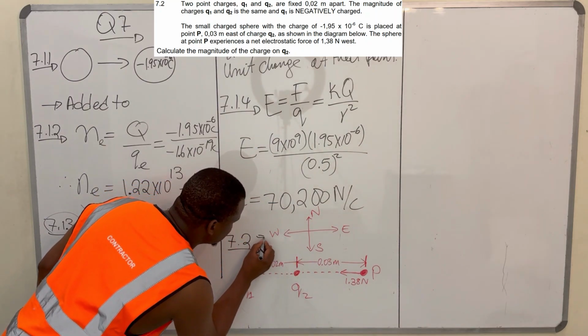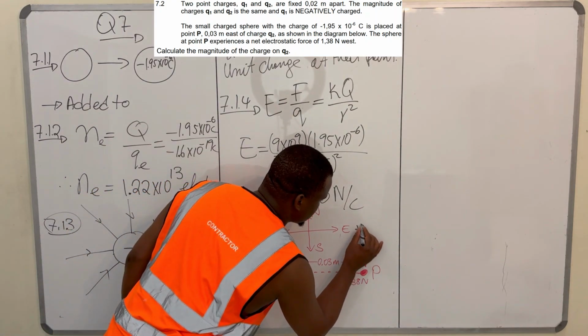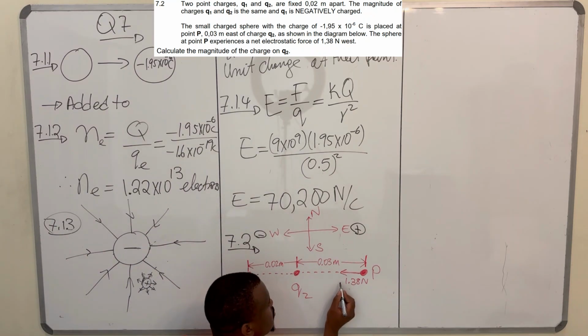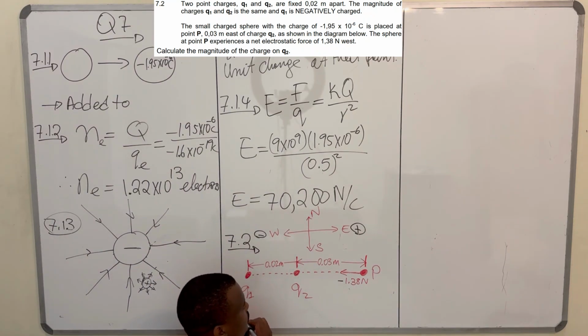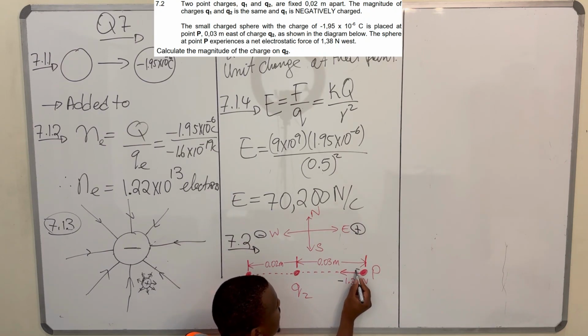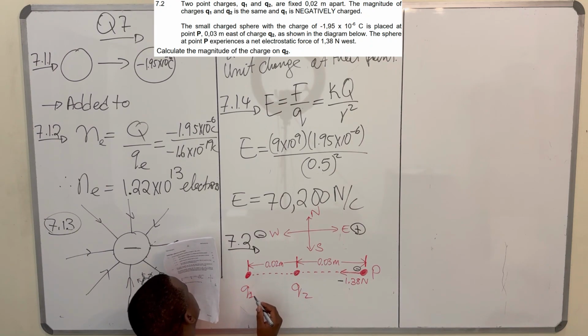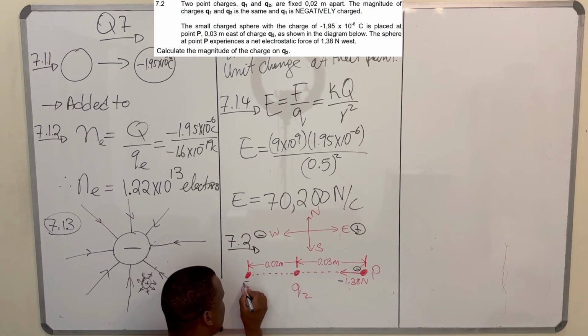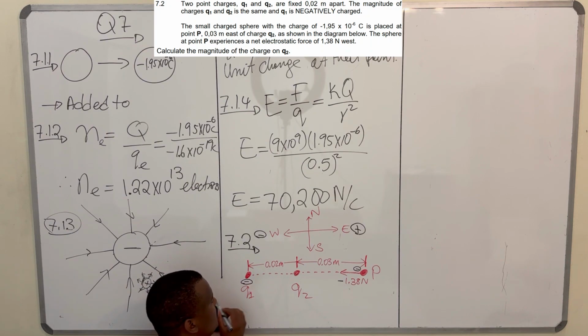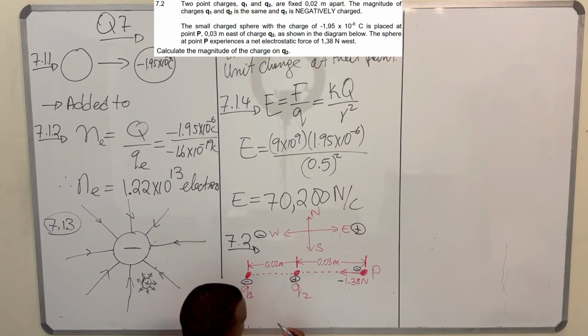I'll take west as negative and east as positive, which means the net electrostatic force is negative. We know the sphere is negative, as given, and we're told also that sphere Q1 is negative. These two have the same sign except this one is negative, so our friend here is positive.